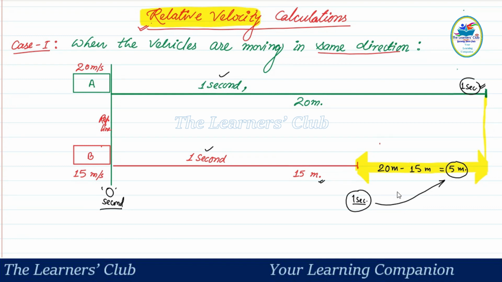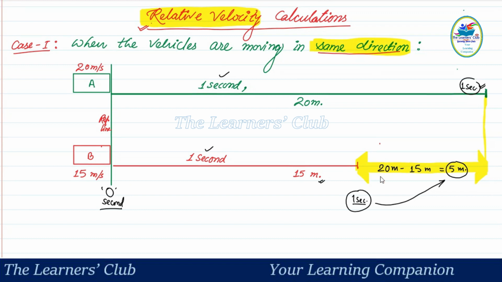Yes, sir. So that's why relative velocity is just the calculation of the difference, the gap between two vehicles starting to move at the same time from the same place in a particular direction, whether opposite or same direction. So this first case is about moving in the same direction.